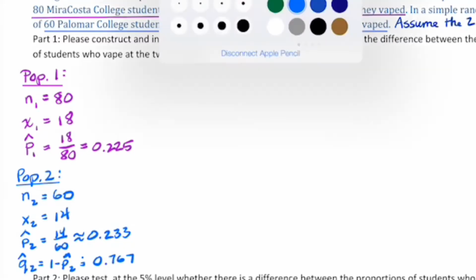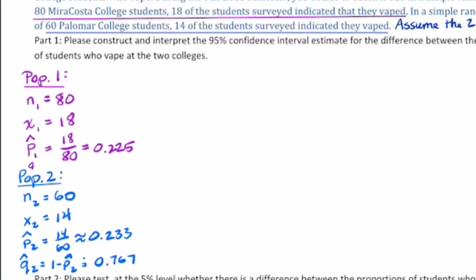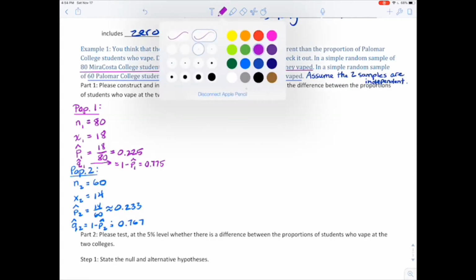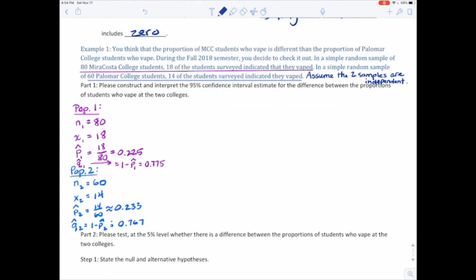And then Q hat 1 is equal to 1 minus P hat 1, which is 0.775.